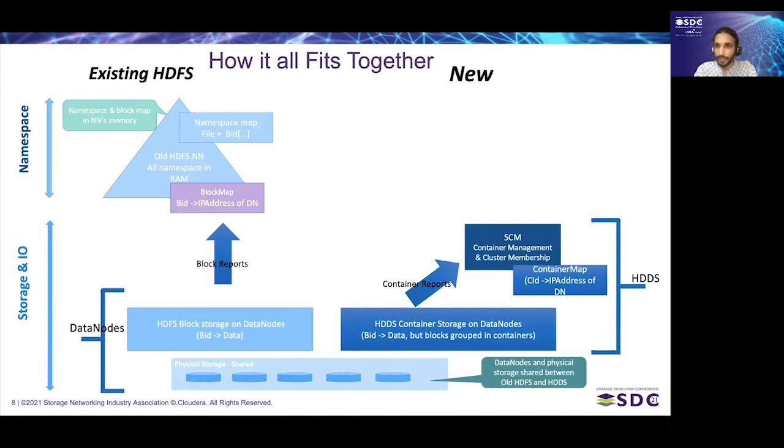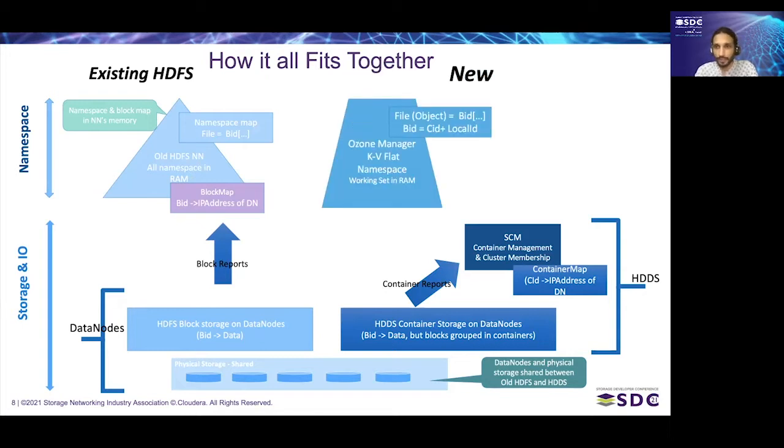So now these data nodes are sending container reports to SCM, and SCM is making sure that all the containers are sufficiently replicated. In case of an under-replicated container, it would schedule a replication. And for over-replicated containers, it will make sure that the excess replicas are deleted. Similar to name node, SCM would maintain a container map. The container map would have a mapping from container ID to set of data nodes containing the container replica.